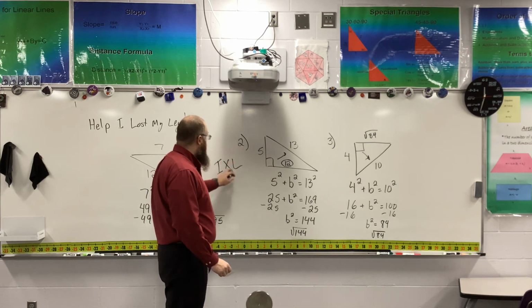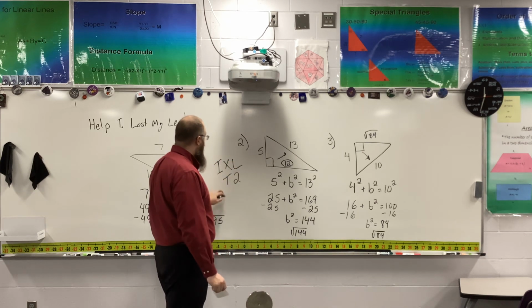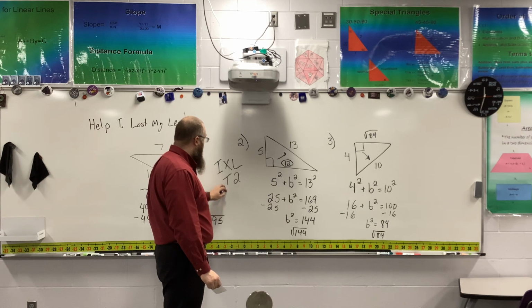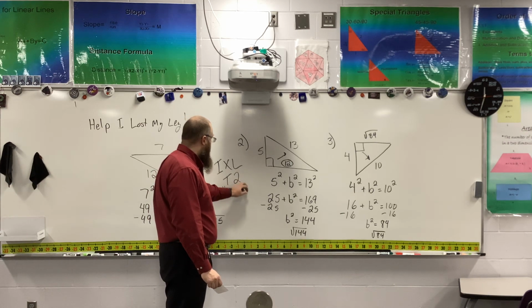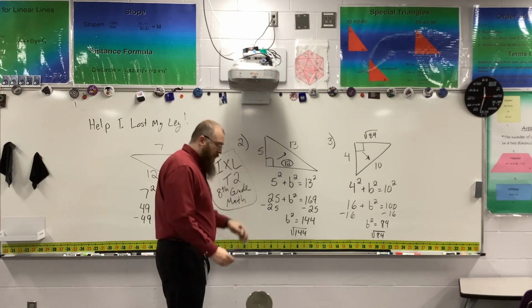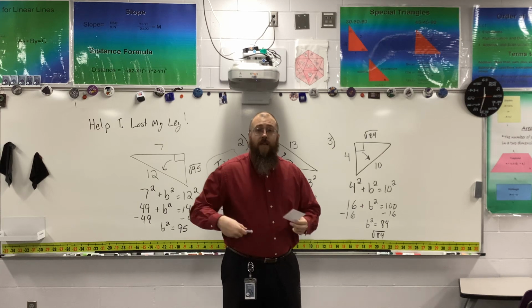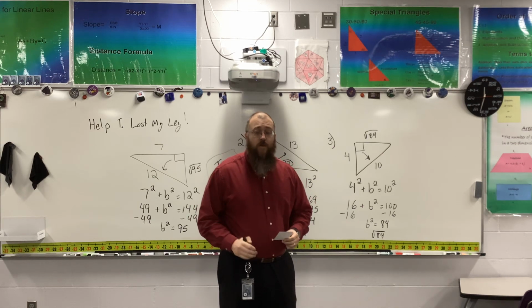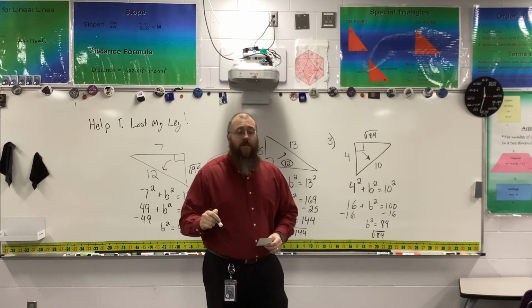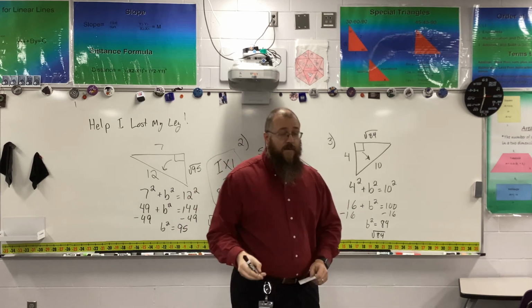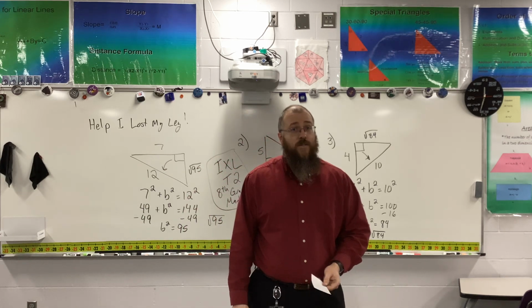IXL T2. Remember, we're from 8th grade math. When we're doing our IXLs, we need to have at least 70 points and at least 10 questions answered in order to be done. Remember, that means if we have 70 points but we haven't answered 10 questions, we need to answer more questions.